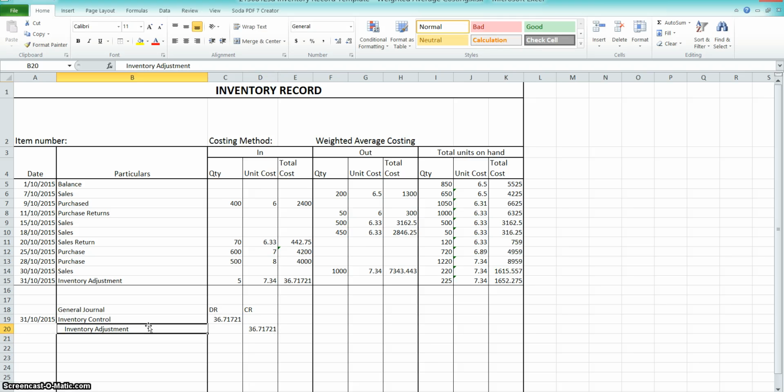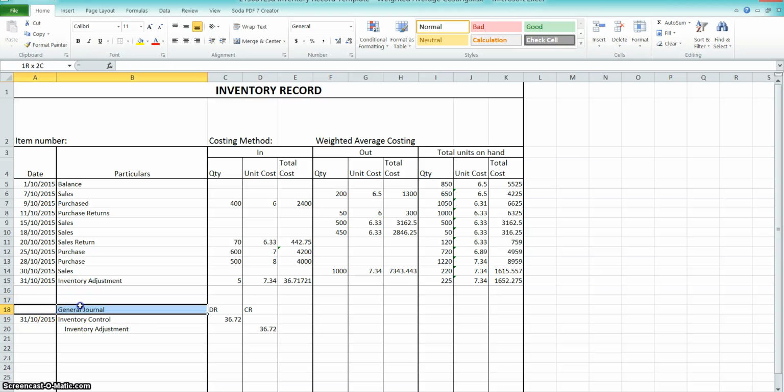But what's happened is we've expensed it in the past, but we actually still have those 5 units on hand. So then you can just adjust those for the dot points. I'm pretty sure that's it. Yeah. So that's easy. And that's done. That's all you have to do. So that's how to complete a weighted average stock card.